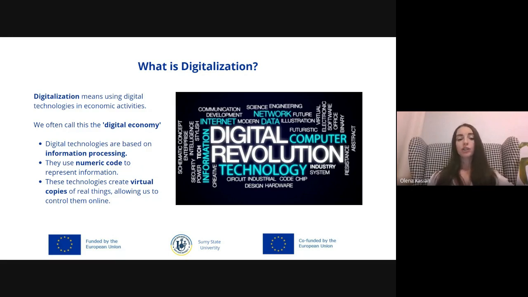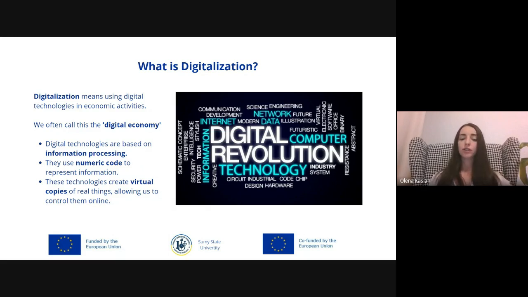Specifically, digital technologies are those technologies whose foundation lies in informational processes. For example, Harman introduced more precise criteria, considering technologies as digital when they use information in numeric code. But in some industries you do that. So if you use numeric code, then you are more digital. If you just sell your services online, you're not that digital. But either way, this is a process of digitalization.